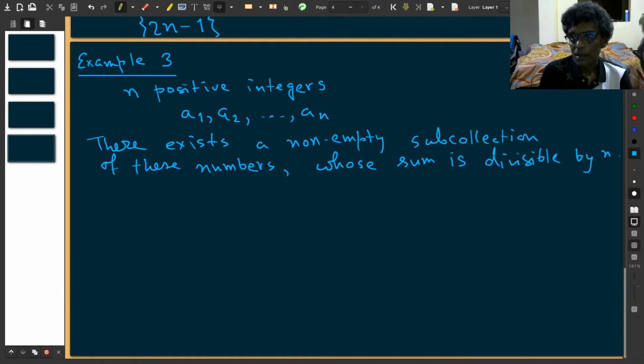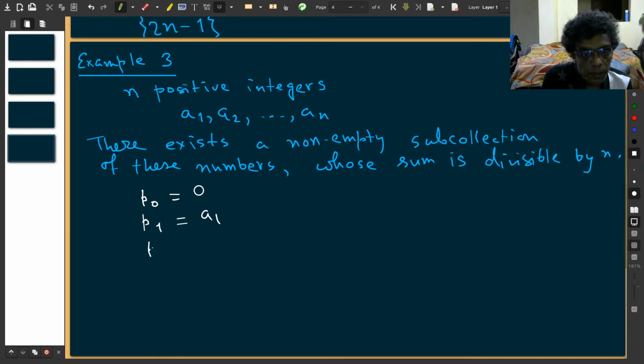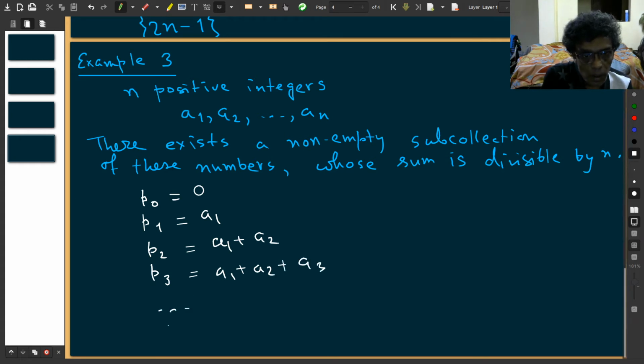Why? In order to prove this, you just consider these prefix sums: P0 equal to 0, P1 equal to a1, P2 equal to a1 plus a2, P3 equal to a1 plus a2 plus a3, and so on, Pn equal to a1 plus a2 plus up to an.